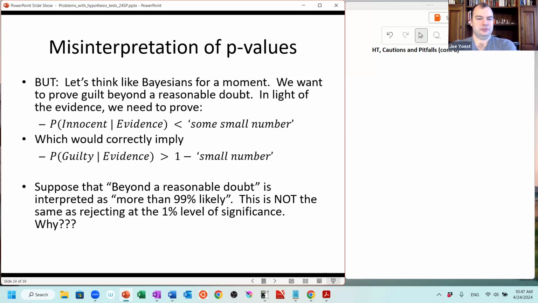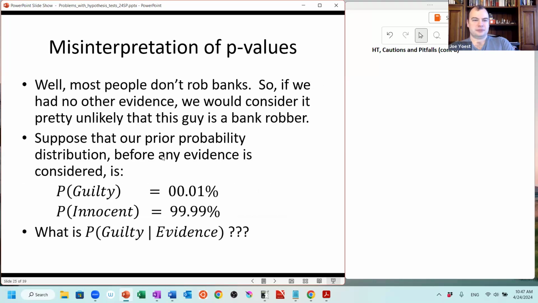If we interpret beyond a reasonable doubt as something like more than 99% likely, so to convict the person, this isn't the same as rejecting at the 1% level, although it might seem so. What's the problem here?